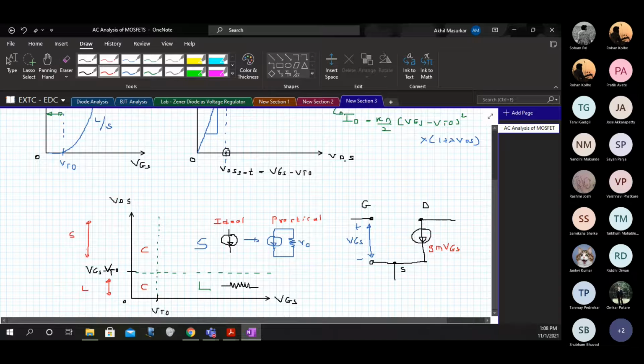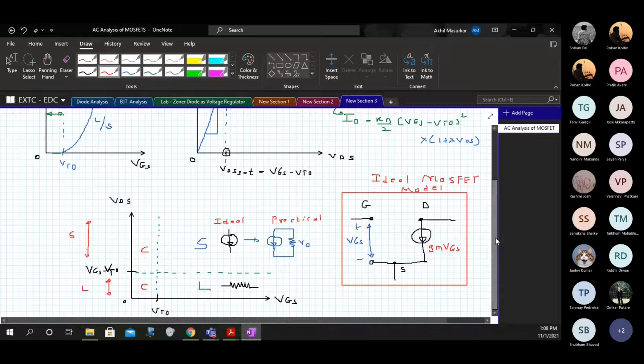Please write like this. So this is like the ideal MOSFET model.